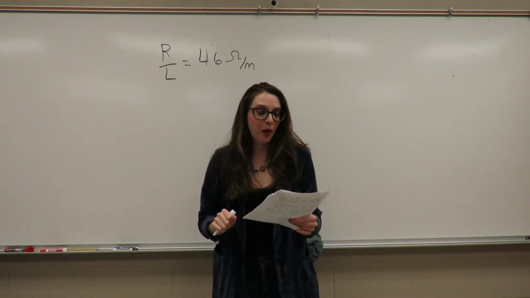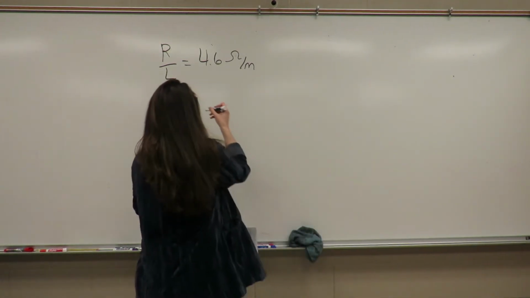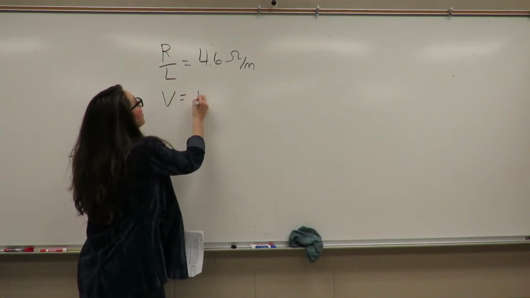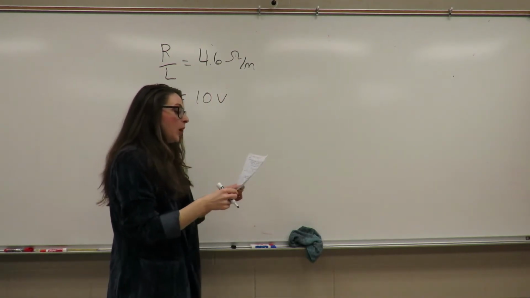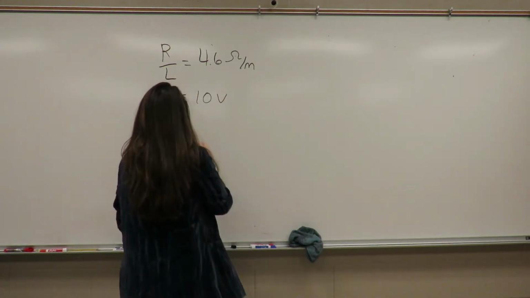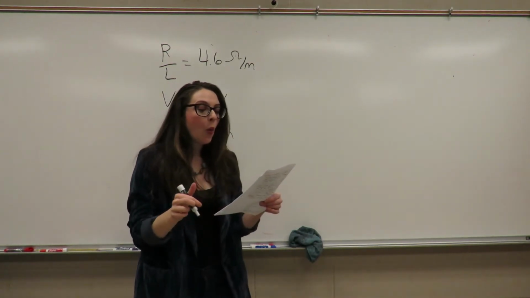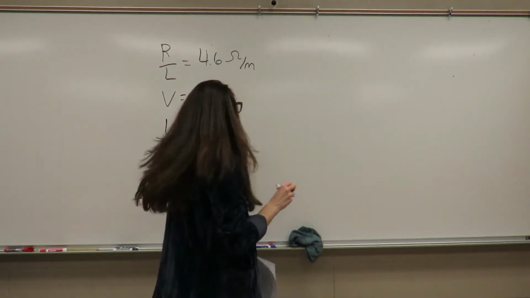For part B of this problem, suppose I have a potential difference of 10 volts maintained across a 1 meter length of nichrome wire. L is 1 meter. What is the current I in this wire?